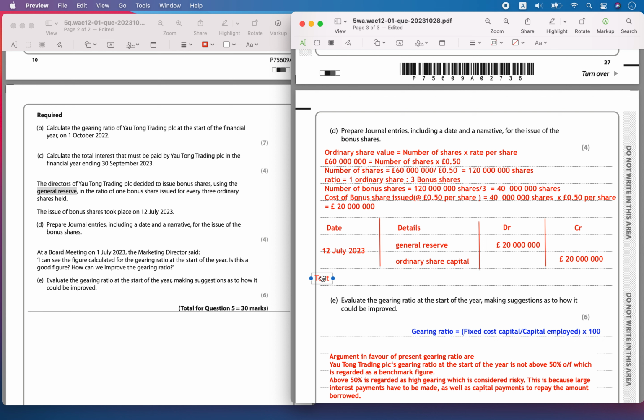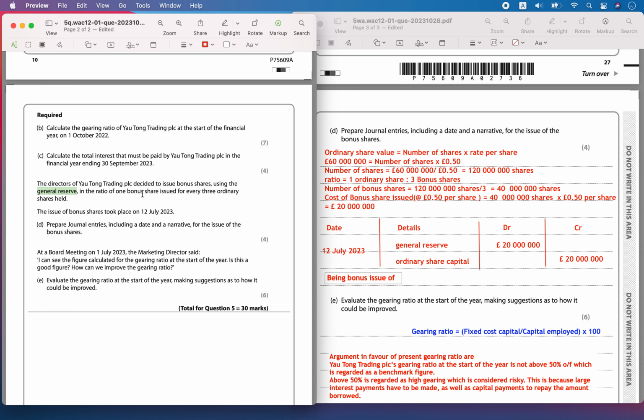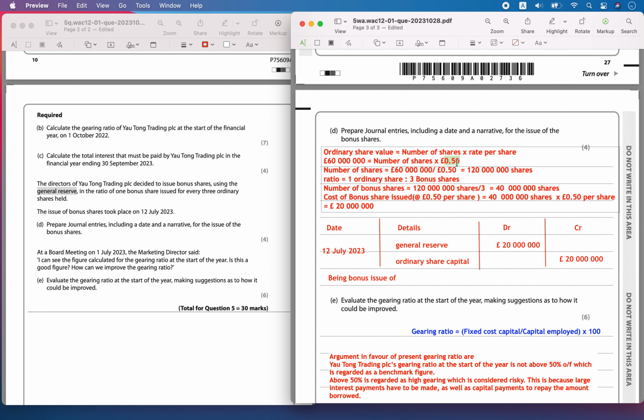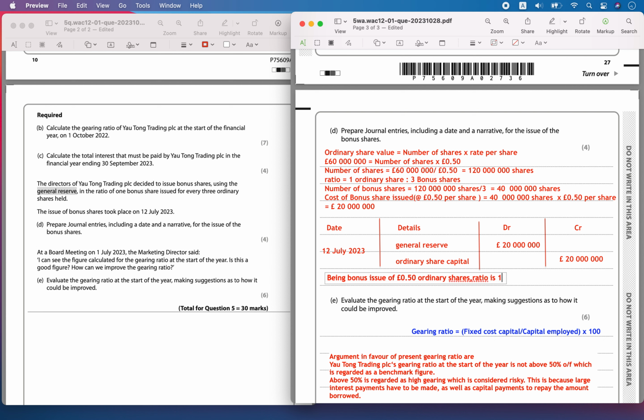And then here you will write a comment. This comment will be: bonus issue of 0.5 ordinary shares, and the ratio is 1:3.